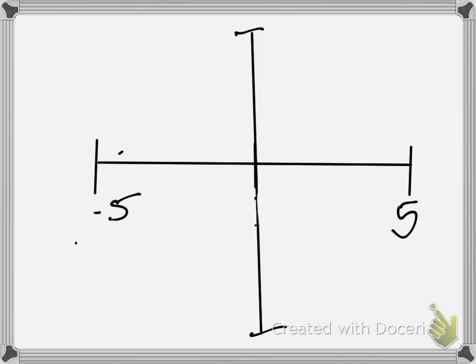How'd you know it was going to be positive 5? Because it was the same length. Yeah, it's the same length, but you knew it was positive because we're going up, right? We go up. So as such, what is this point that we're going down going to be? What's that going to be, Lucy? Negative 5. Excellent.